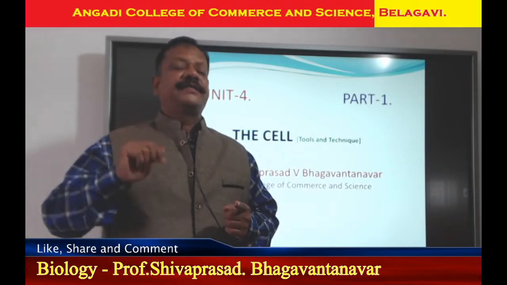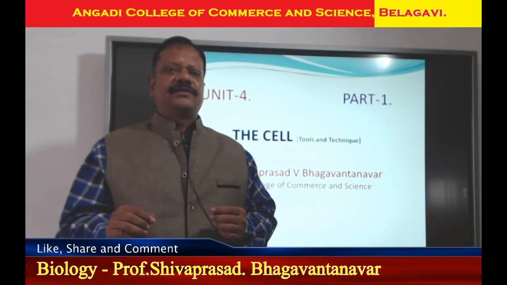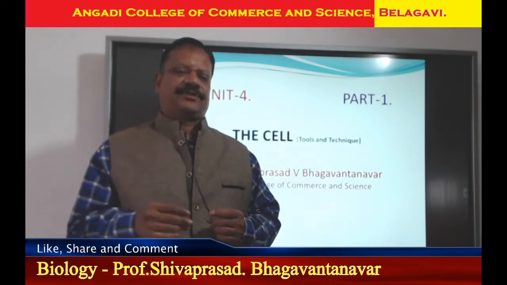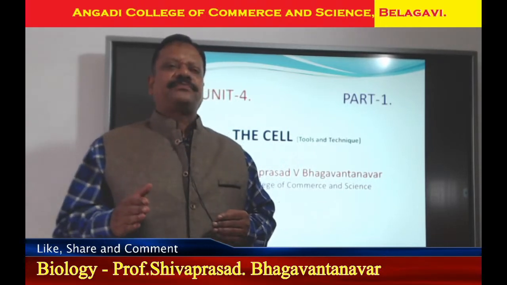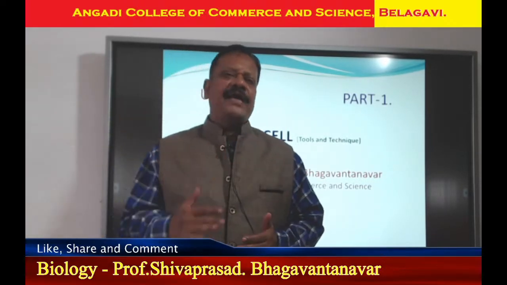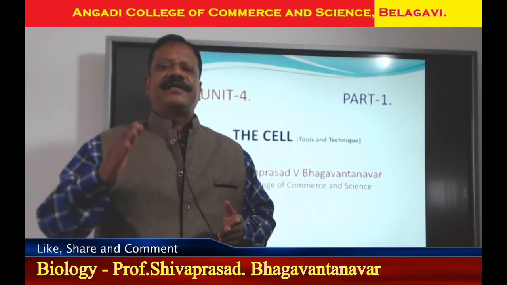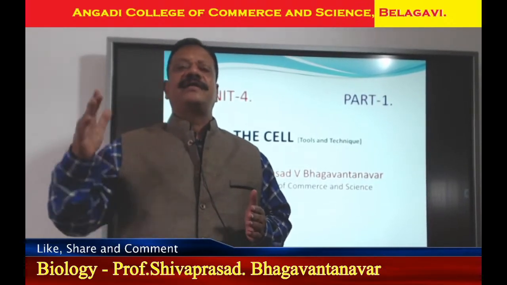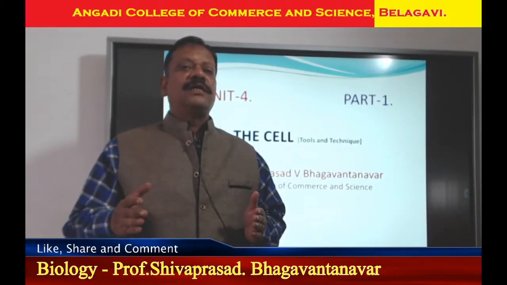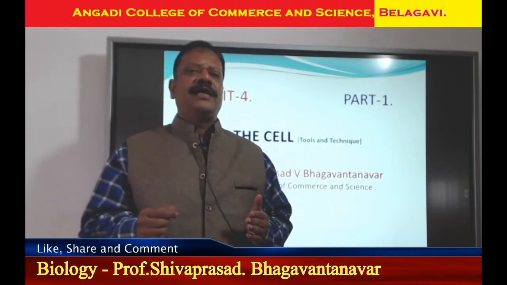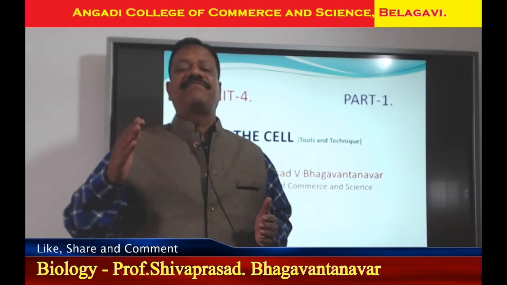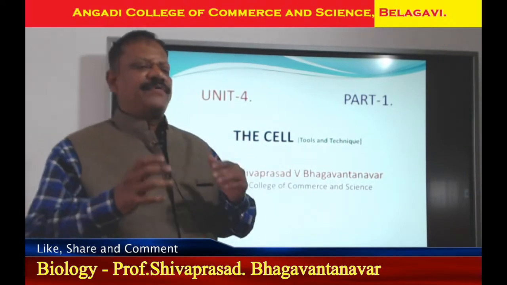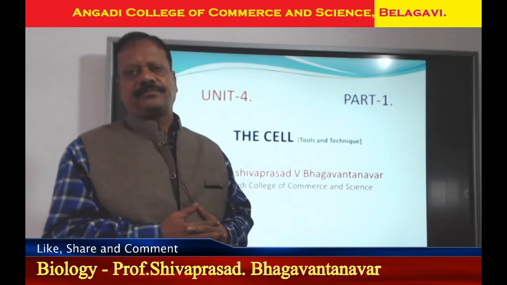So it becomes 100x, in the sense that whatever material is present will be magnified 100 times. If the nose piece and eyepiece are 10x and 15x, then 15 into 10 becomes 150. So the material we are observing will be magnified 150 times. In this way, we observe magnifications in microscopes.